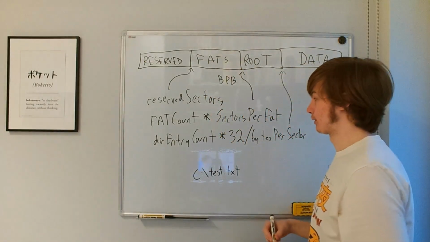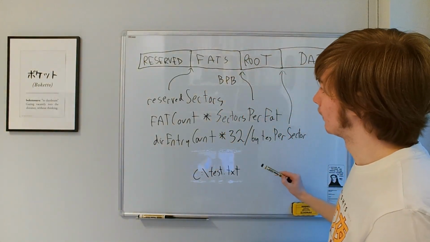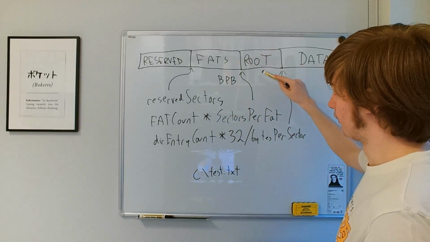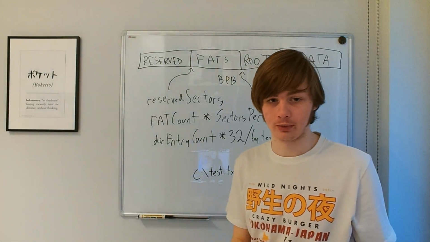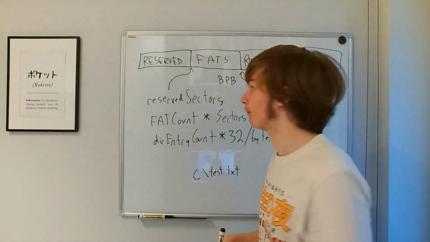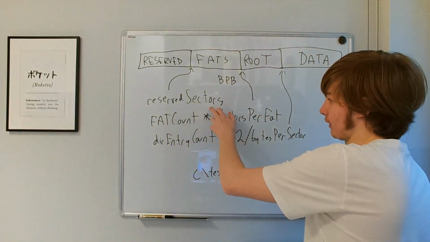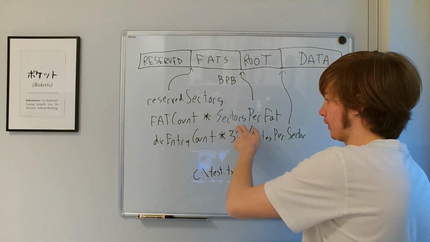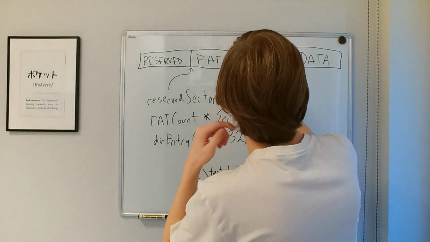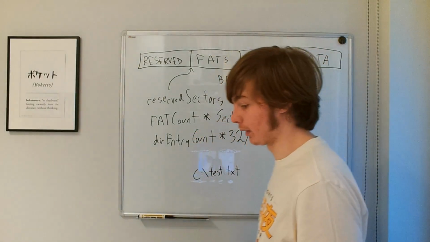We now have to calculate where the root directory entries start on our disk. It would simply be reserved sectors plus FAT count times sectors per FAT. That would give us the starting sector, the LBA address of this.